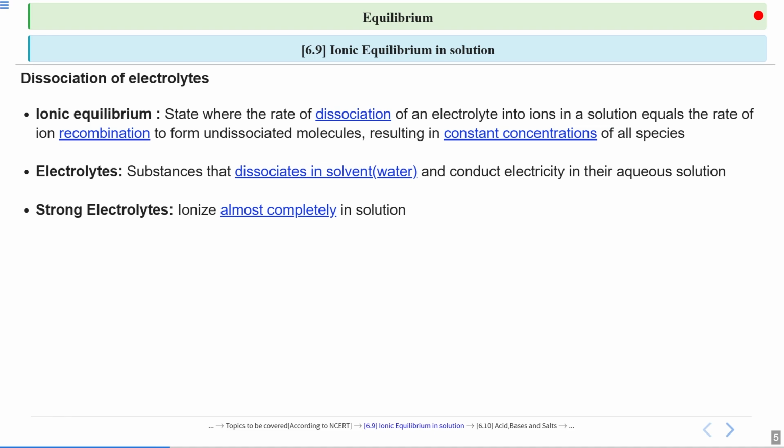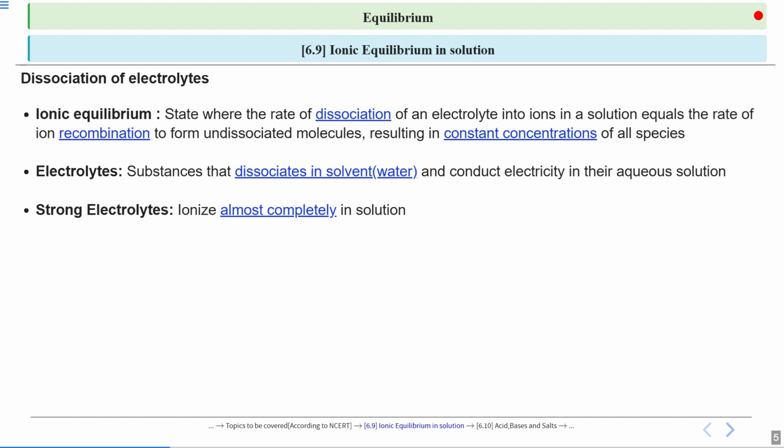First is strong electrolytes. Strong electrolytes are the ones which ionize completely in the solution. So as long as your electrolyte is soluble in water, it will dissociate completely. So we will not consider those electrolytes that are not soluble in water. Suppose you can dissolve only 5 grams of salt in a given amount of water.